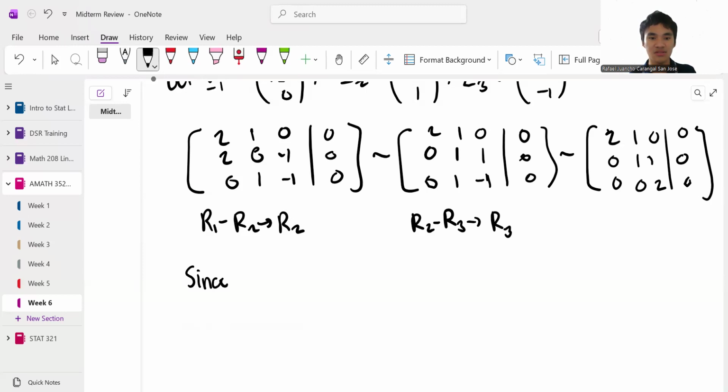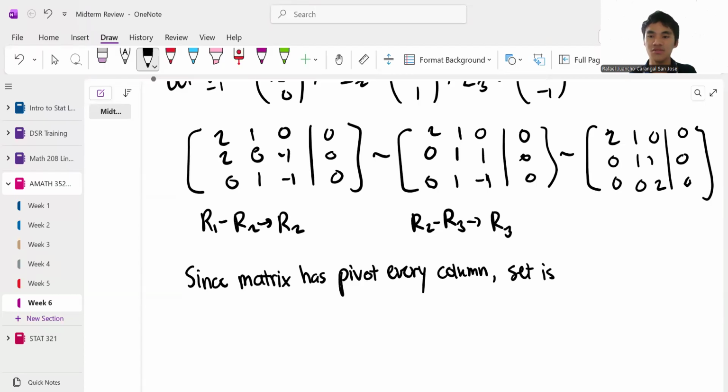So since the matrix has a pivot in every column, we know the set is independent. Because all the alphas here are 0.